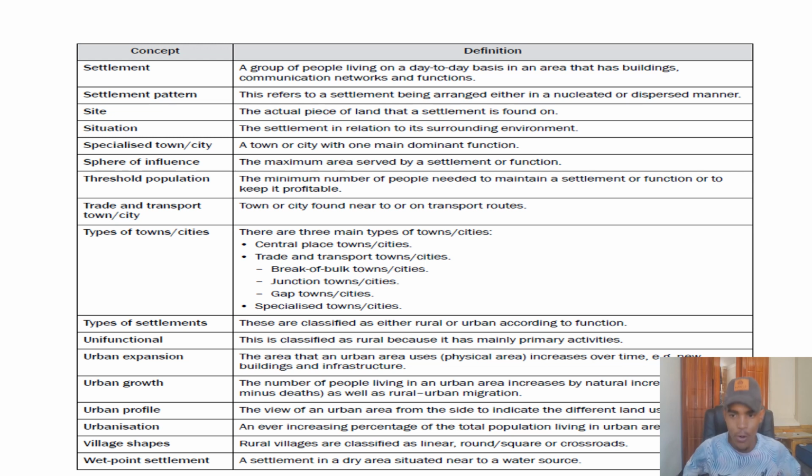Okay, so in these 3 slides, we have only been talking about the important concepts to know when studying settlement geography.